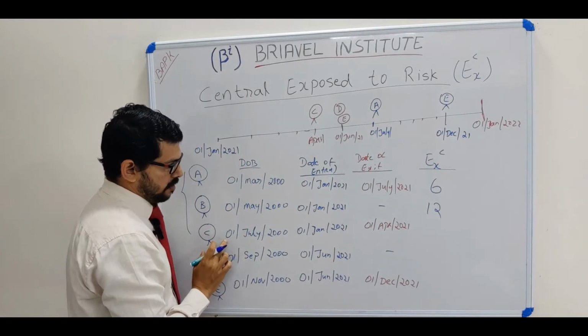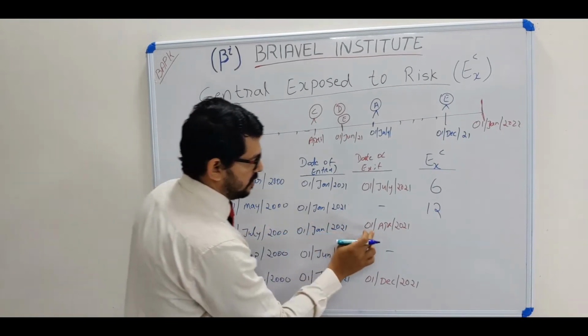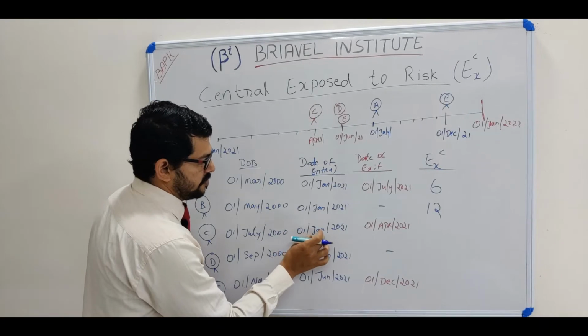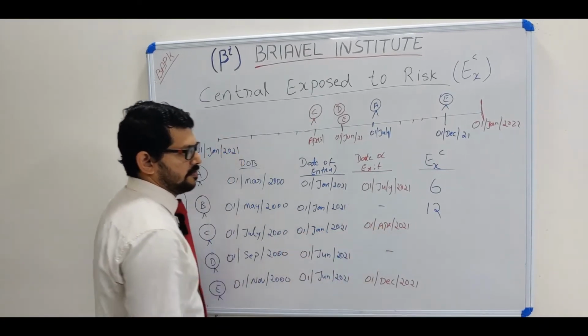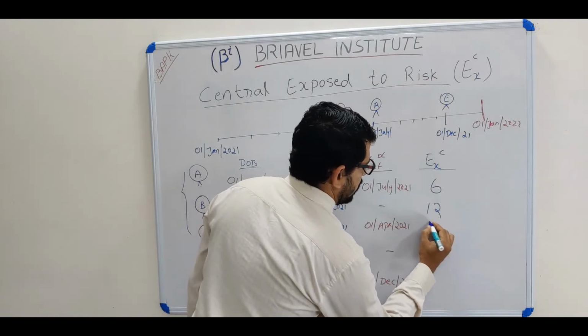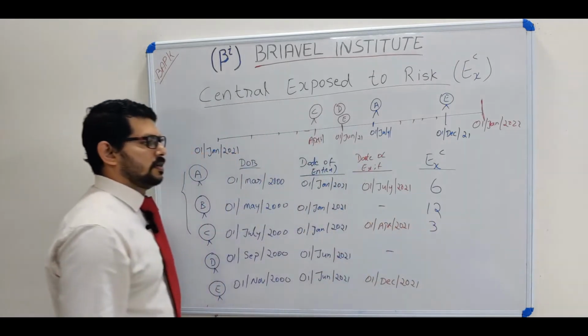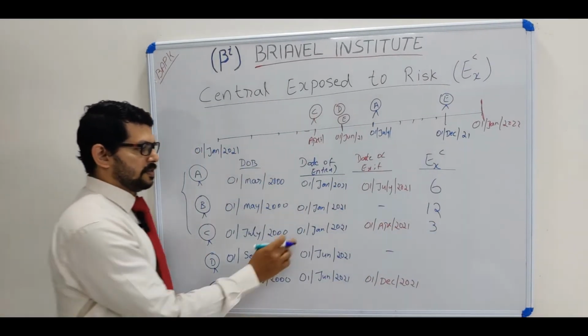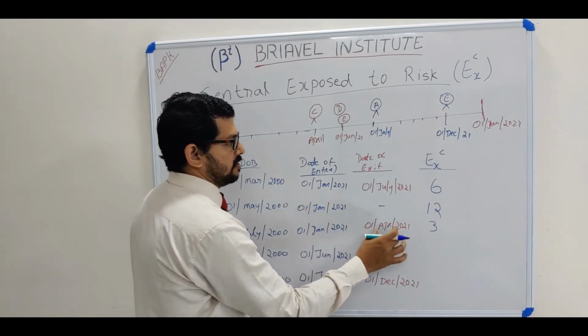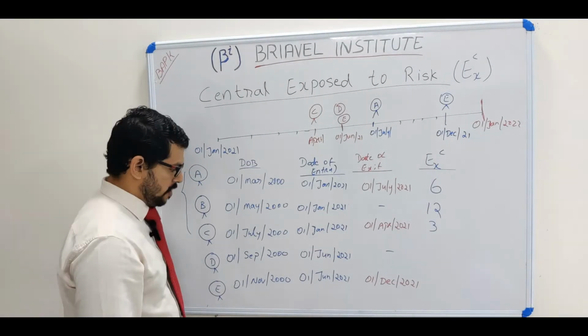And what about the third person? The third person exited in April. He entered on 1st January and exited on 1st April. So how many months was he exposed to risk? 3 months only: January, February, March. On 1st April he exited from the observation.